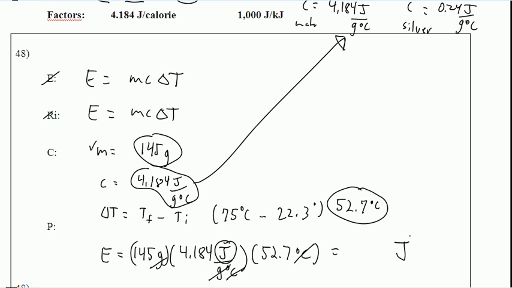So 145 multiplied by 4.184 multiplied by 52.7 gives me, wow, 31,972 joules.